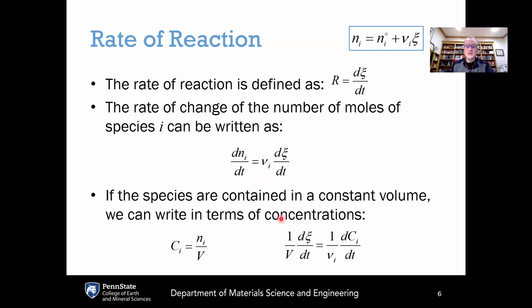Now, if the species are contained in a constant volume, it is common to write this in terms of concentrations rather than in terms of number of moles.